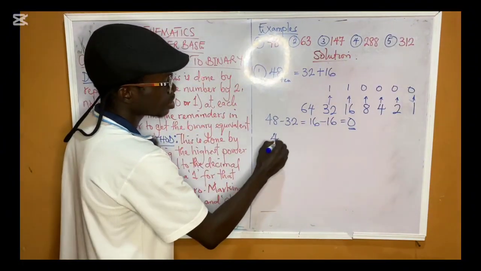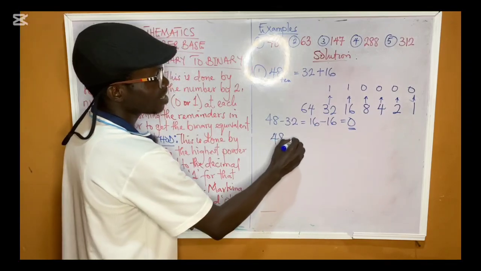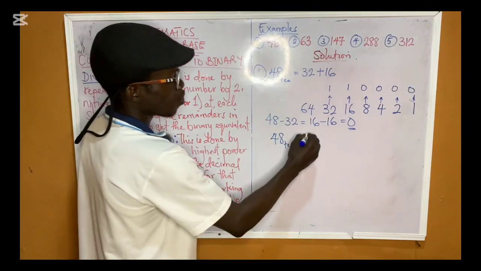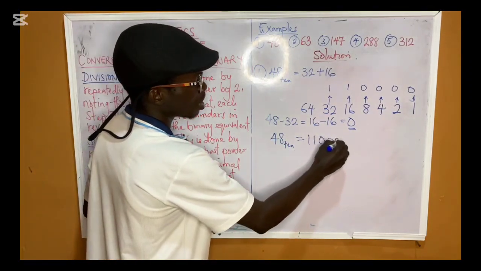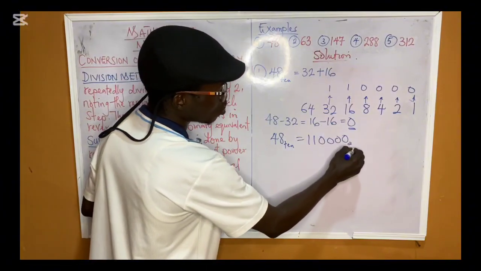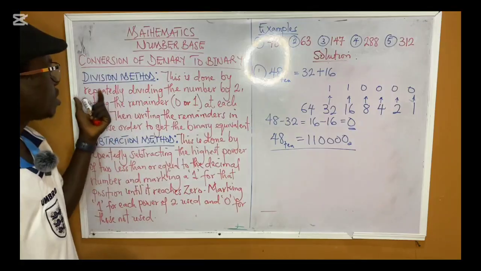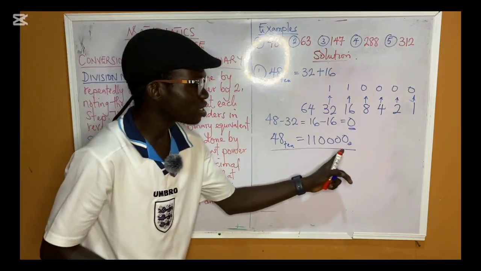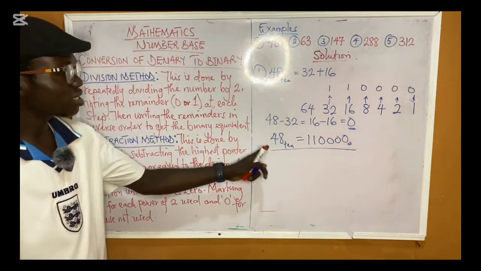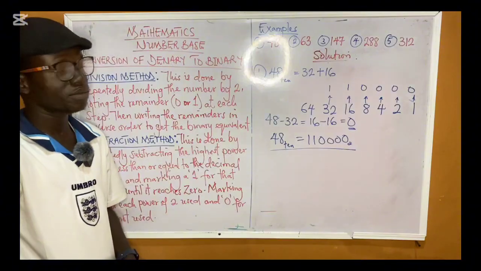So 48 base 10 is the same thing as 110000 base 2. Now if you check the ones we solved using division method, you see that we got the same answer for this exact problem.